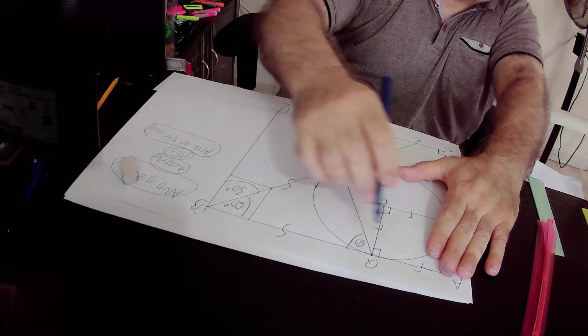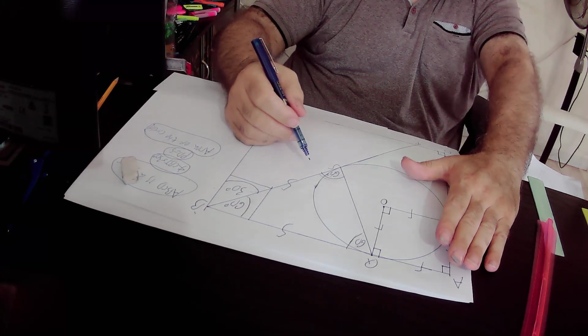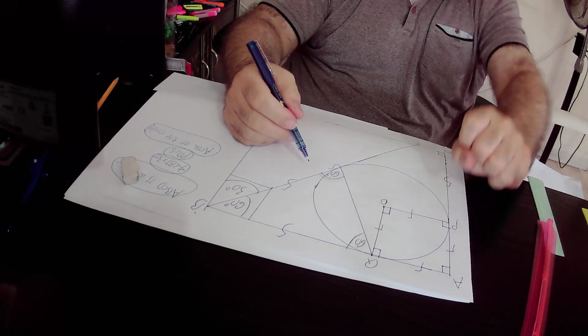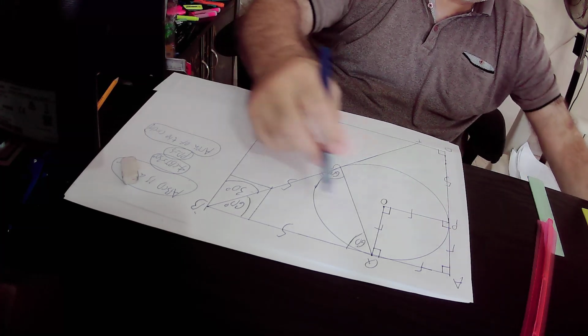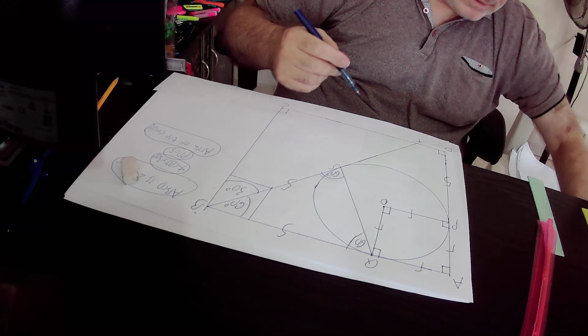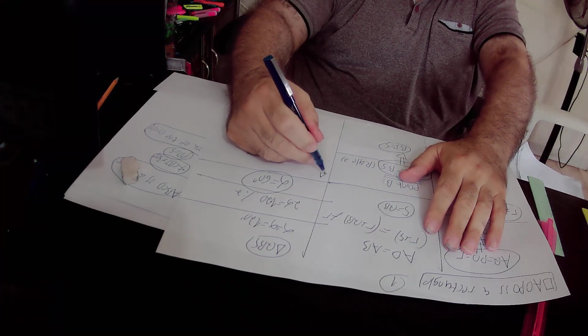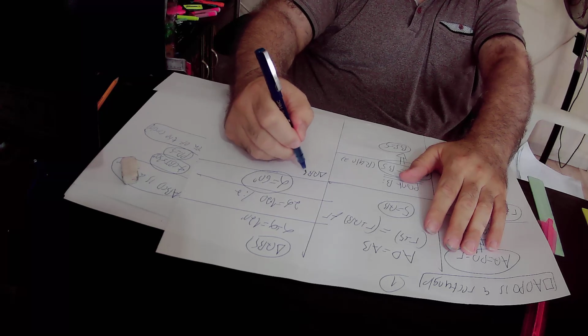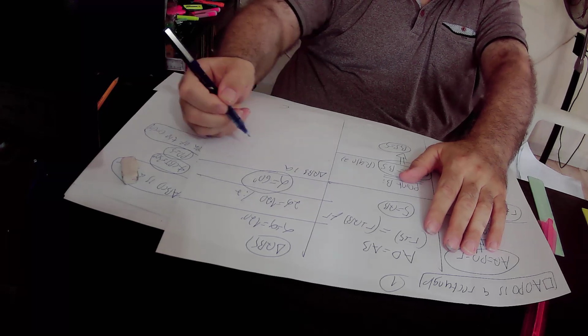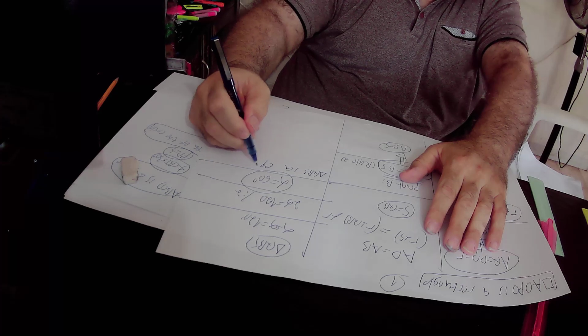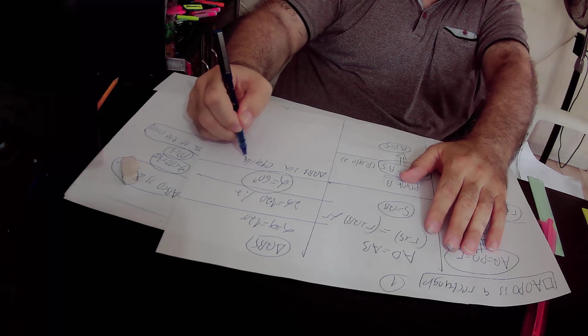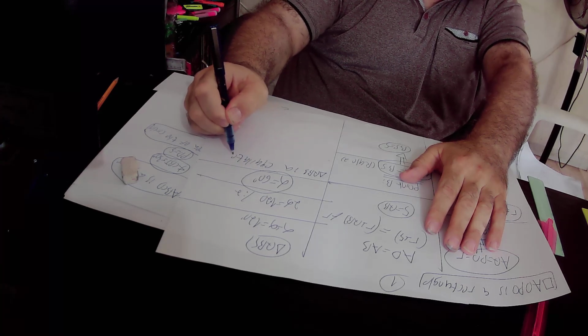Therefore, in triangle QBS, all the angles are equal to 60 degrees. Therefore, triangle QBS is an equilateral triangle. So I write it down. Triangle QBS is an equilateral triangle. Why? Because all of its angles are equal to 60 degrees.